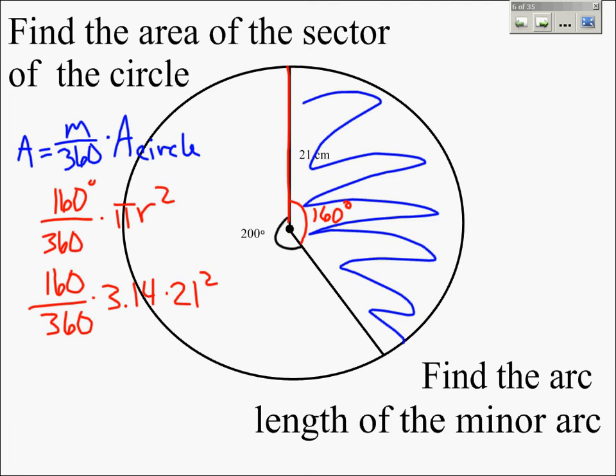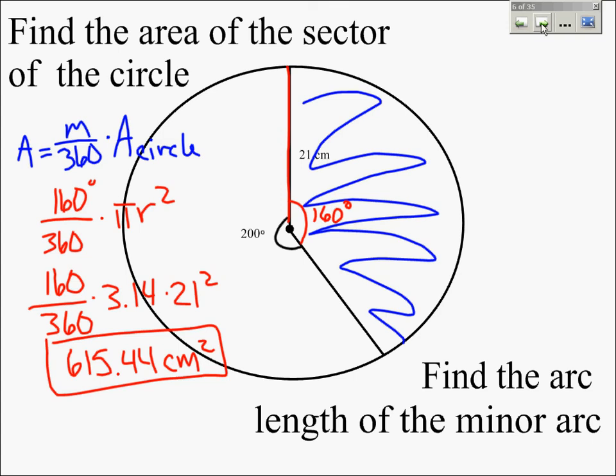And you should come up with the answer, 615.44. And remember, this is in centimeters, and we're talking about area, so it's centimeters squared. So that is the area of the sector, or the section of the circle.